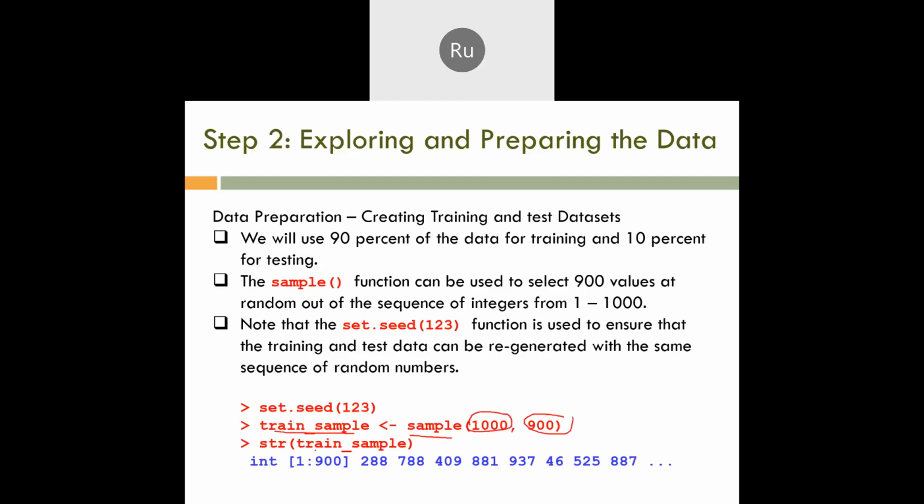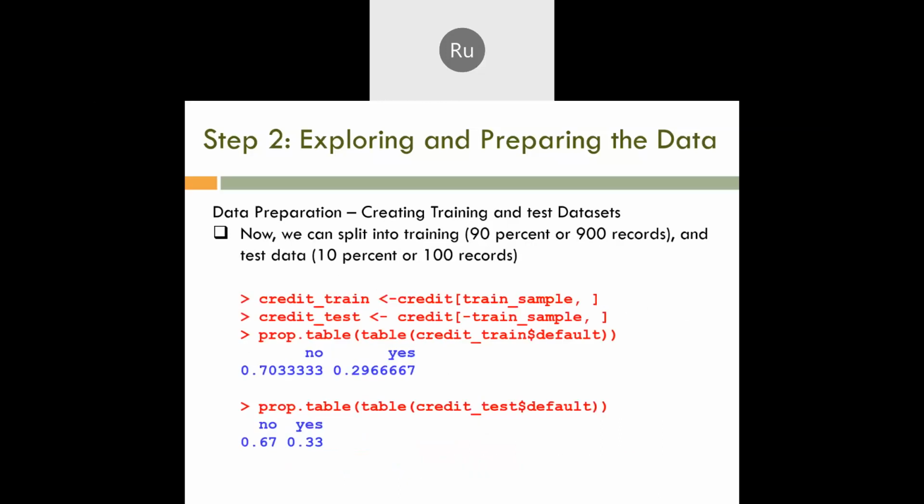So if I type the value of the train sample, basically this is the index of the rows that I will take as the training sample. So over here, I will divide: 90% belongs to the credit train and 10% belongs to the credit test.